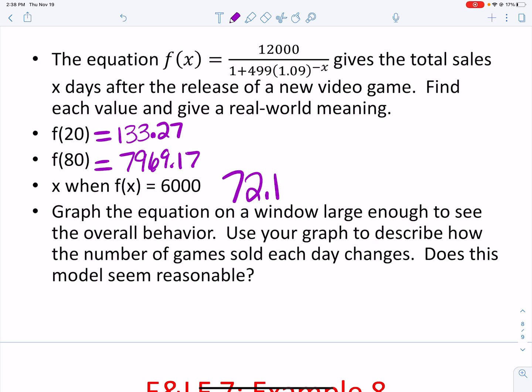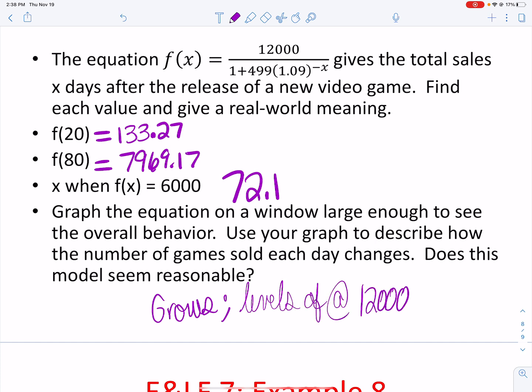Then it says graph the equation in a window large enough to see the overall behavior. Use your graph to describe how the number of games sold each day changes. Does it sound reasonable? So it grows, but then it levels off at 12,000, which really is realistic. Think about games.